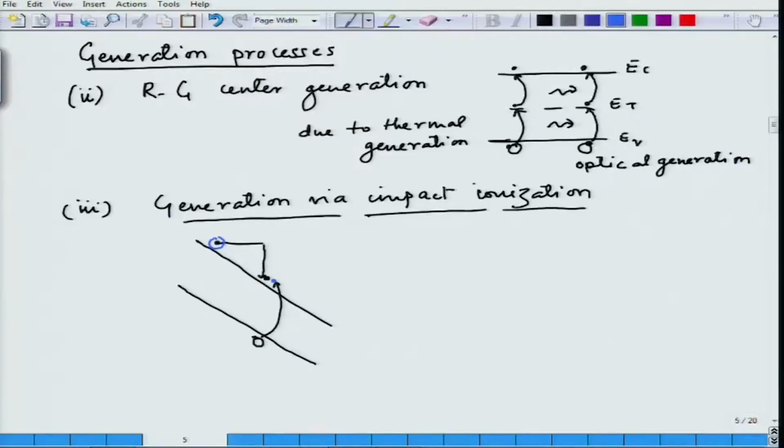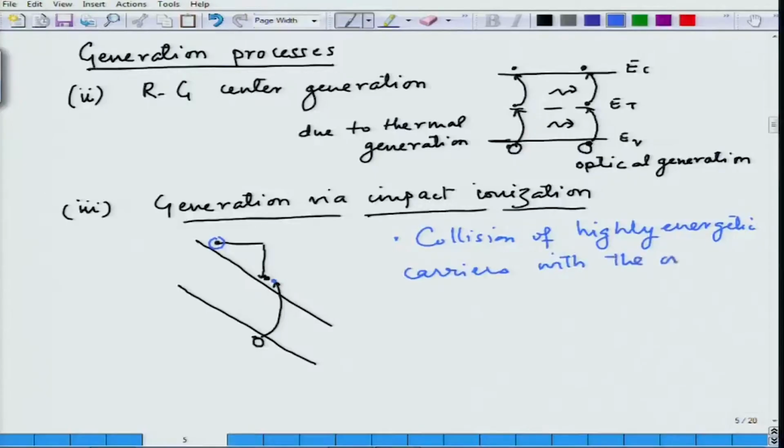This is a very important process, because it is basically dependent on collision of highly energetic carriers with the crystal lattice.